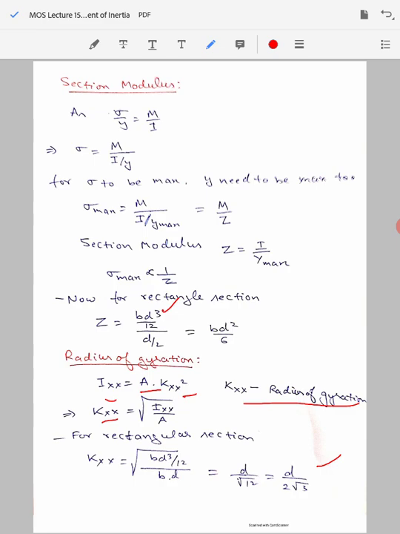Using that information, by memorizing them, you can calculate the moment of inertia by simply multiplying the cross section area with the square of the radius of gyration. There are such tables for different types of sections such as rectangular, square and circular, and other sections. So you can calculate the value of moment of inertia using those tables.